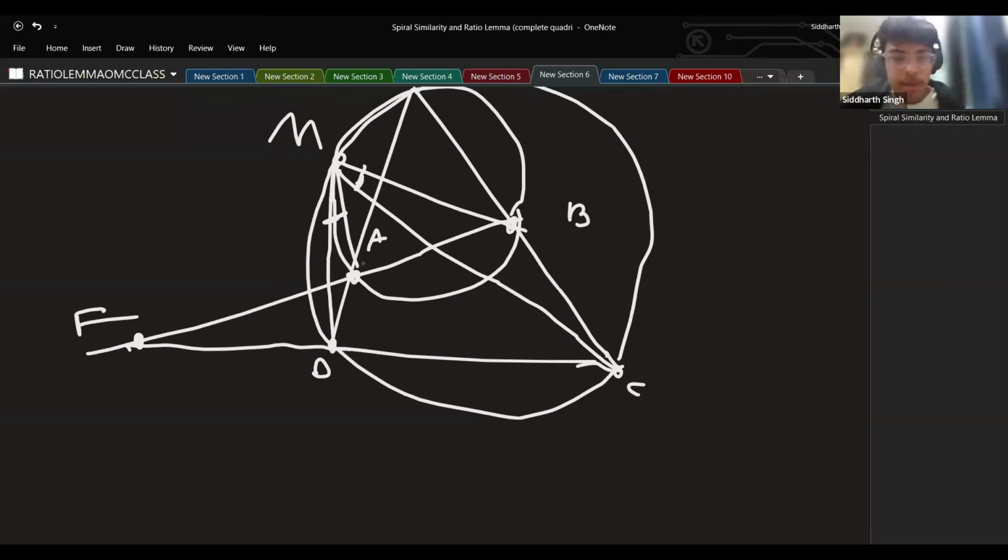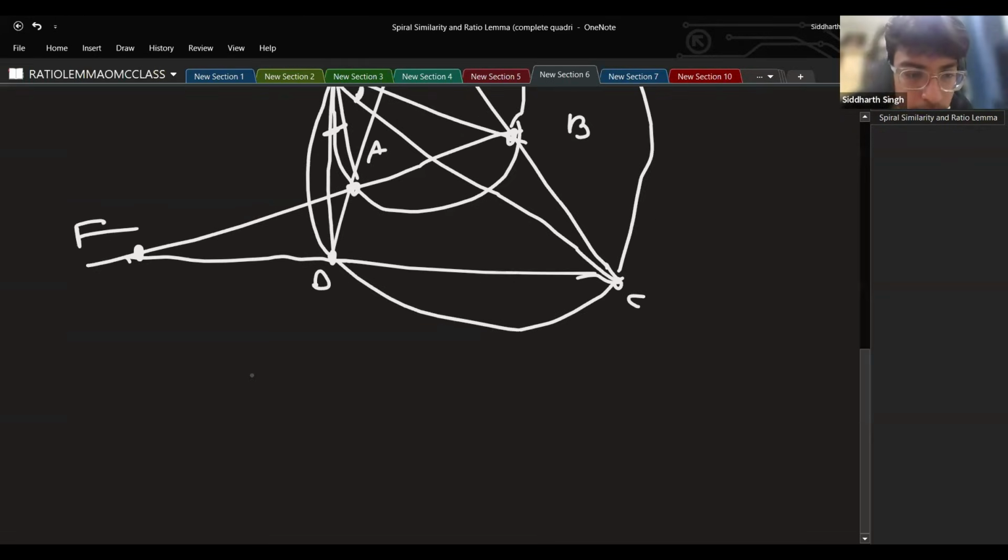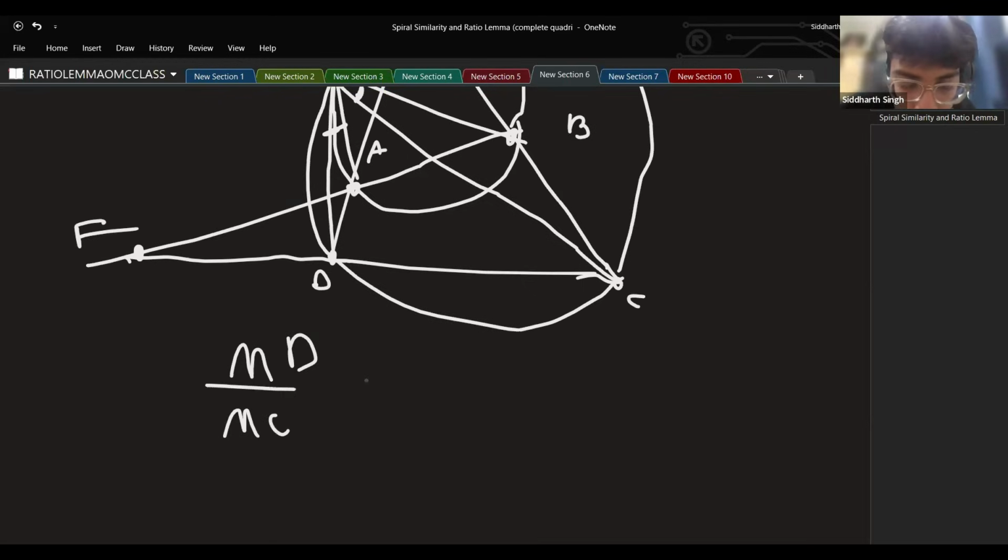Then, by doing some other stuff too, you can find out these two triangles are similar. What this means is MD by MC is equal to MA by MB.